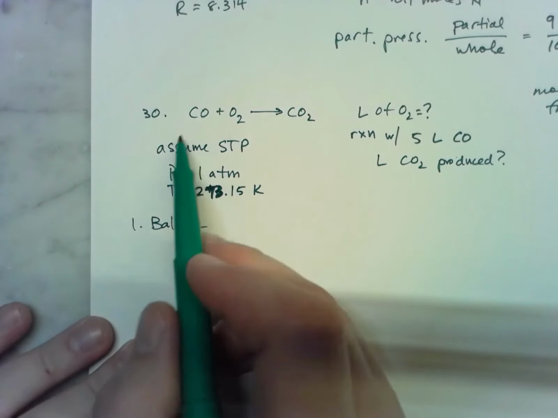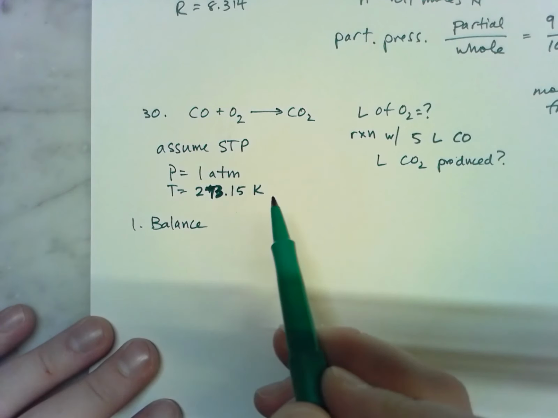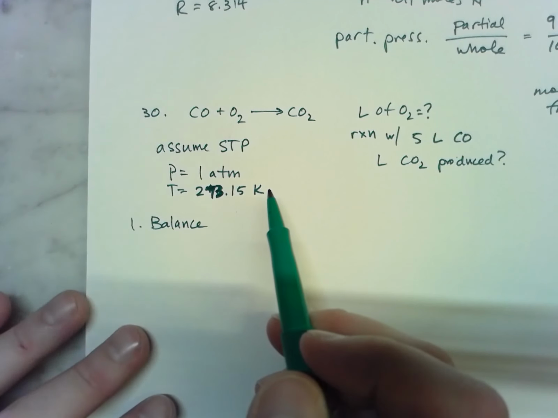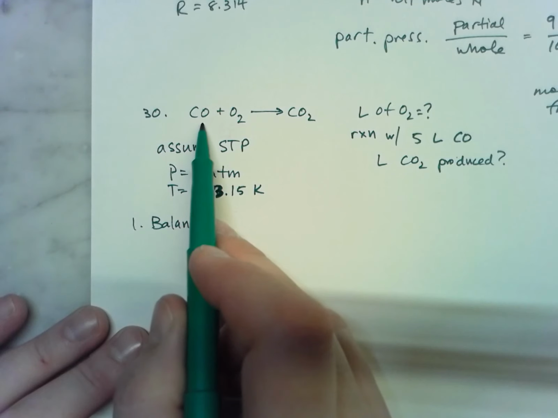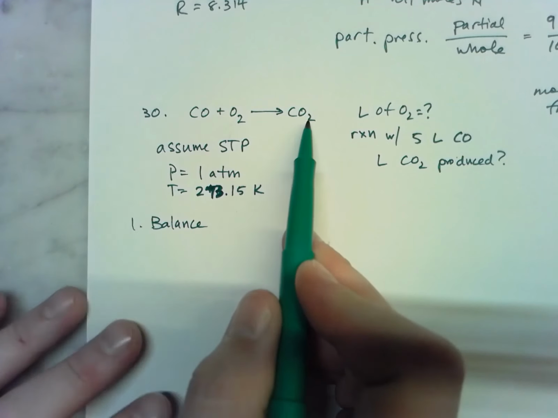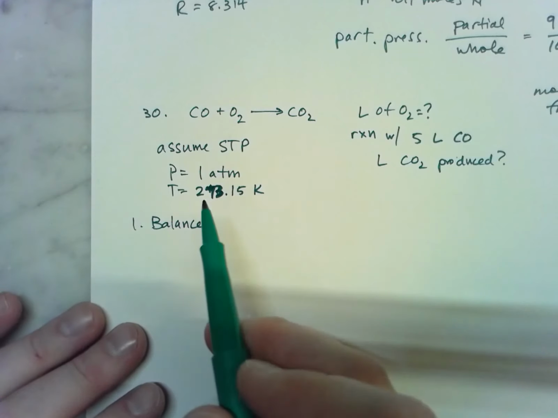We got 1 C, 1 C, that's good, that's balanced. But we got 3 O's and only 2 O's. All right, so what can we do? Well, we got this odd guy right here, which is going to make it hard to balance because I can only multiply. I can do 1, 2, 3. That's going to give me 2 oxygens, 4 oxygens, or 6 oxygens, which doesn't help us over here.